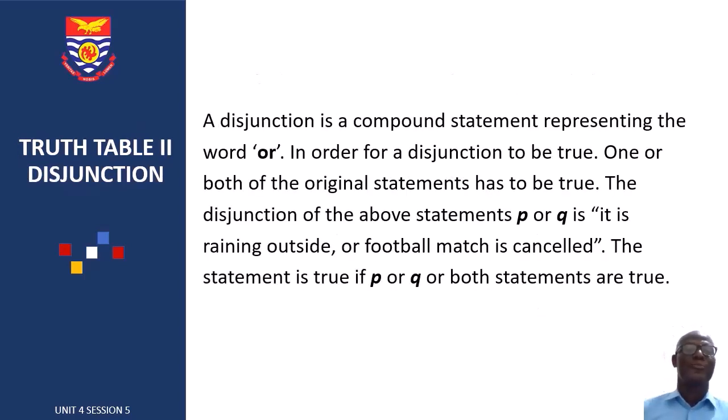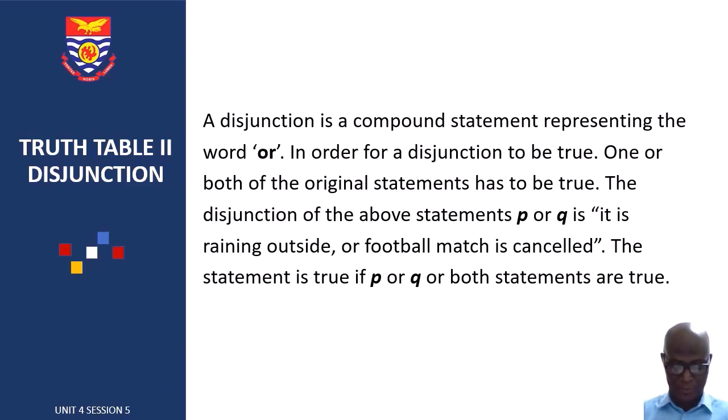Truth Table 2. Disjunction. A disjunction is a combination of two statements using the word or. For a disjunction to be true, either one of the statements must be true or both must be true.